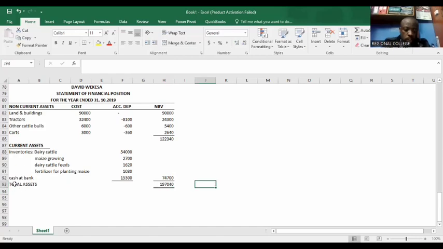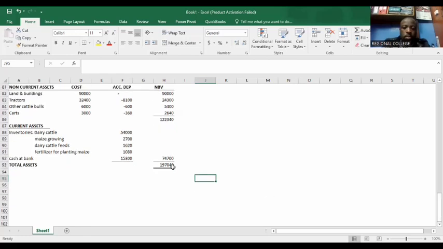So that is our total assets. Then we start at our equity and liabilities.